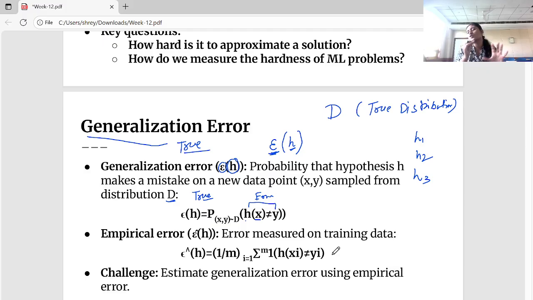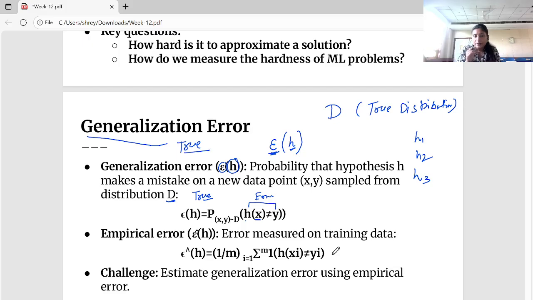We want this to be minimized, but to do that, we neither have D, nor do we know anything about D. We have real data all over the world, but first, we don't know anything about D, and we cannot have all (x, y) so that we can approximate this probability. So this generalization error cannot be calculated.